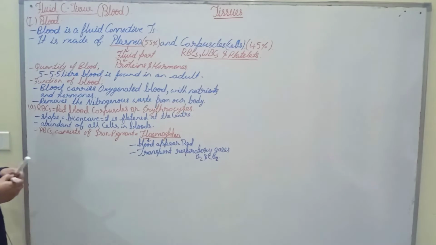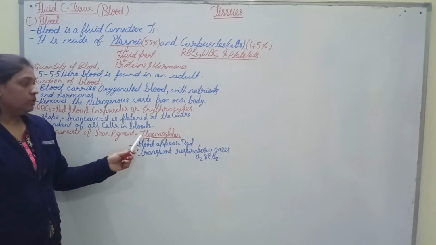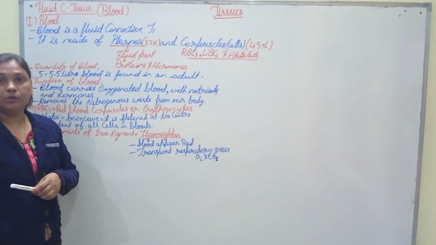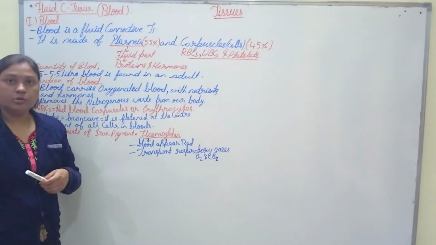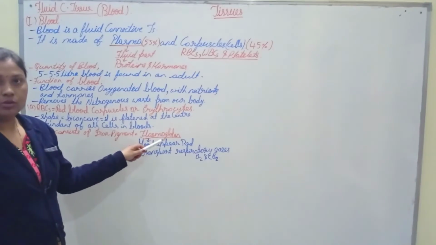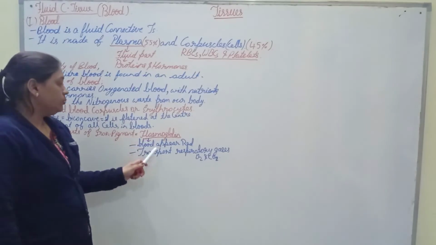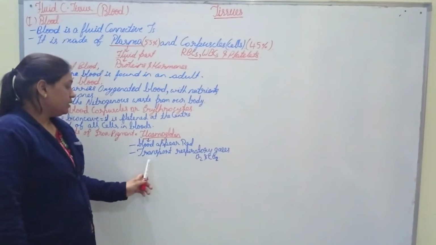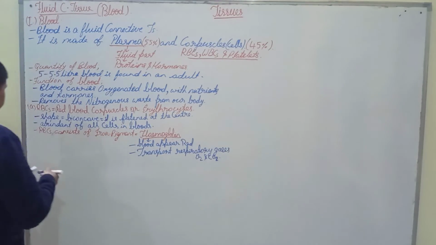Only this hemoglobin has the capability to carry oxygen and carbon dioxide along with it. So it is a very important constituent of RBC.